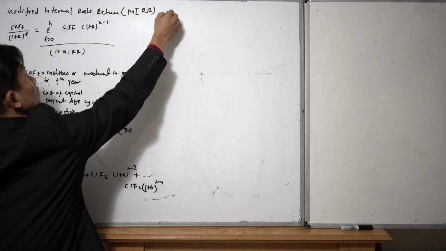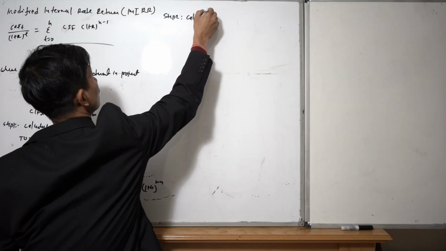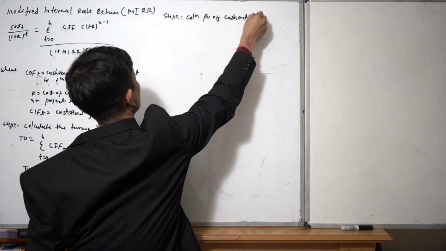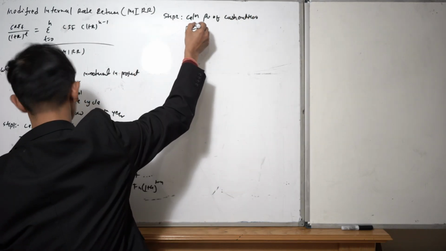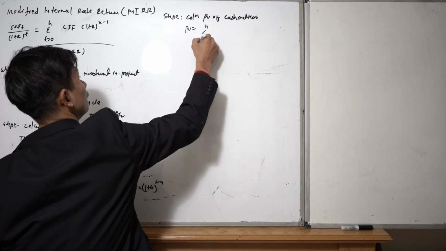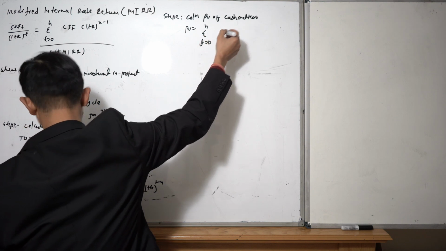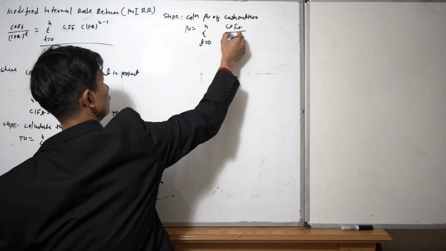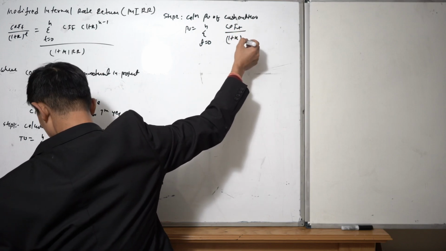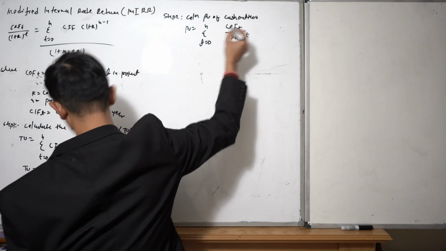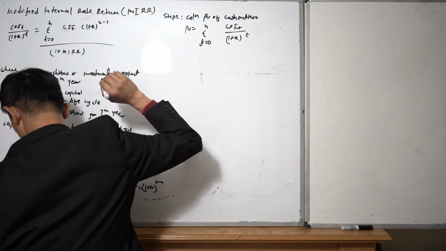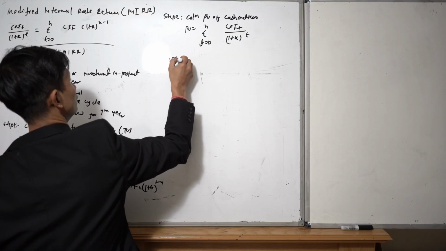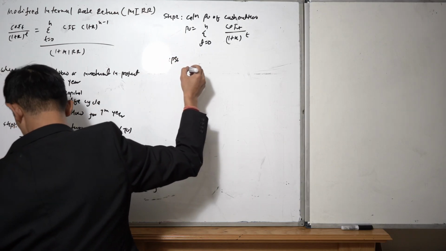Step 2, calculate the present value of cash outflow. We get present value by the formula summation t equal to 0 of COF t divided by 1 plus k power t. Then step 3, solve the equation for MIRR.